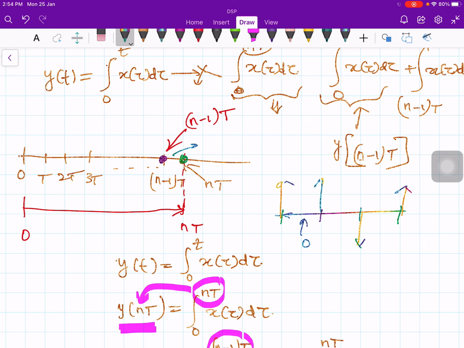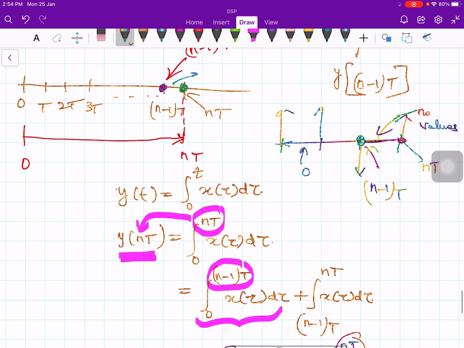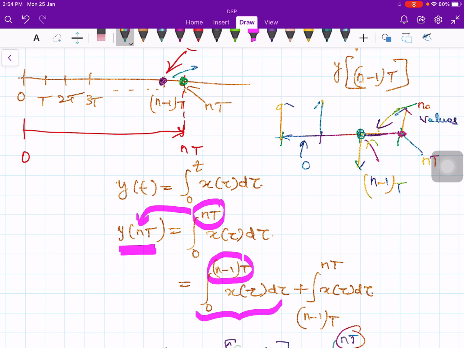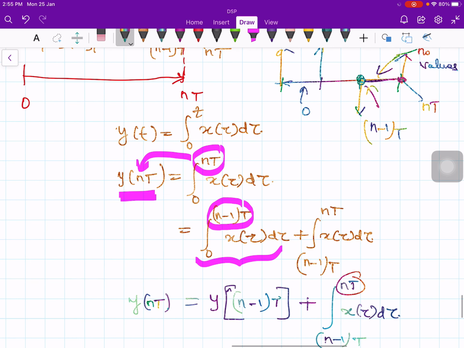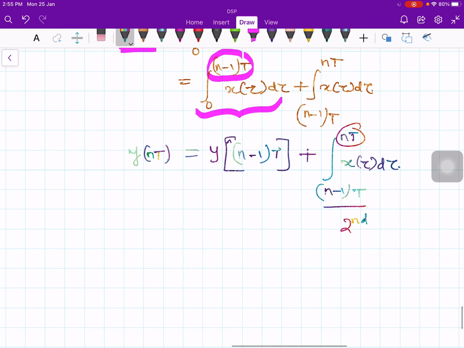Let's say this point is (n minus 1) times T and this point is nT. In between, there are no values. I don't know the value in between (n minus 1) times T and nT. In fact, it is not defined for a digital system.